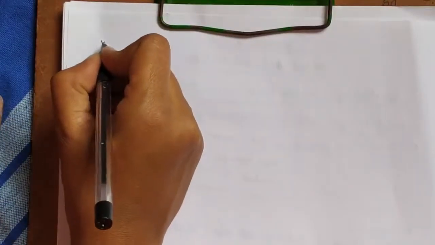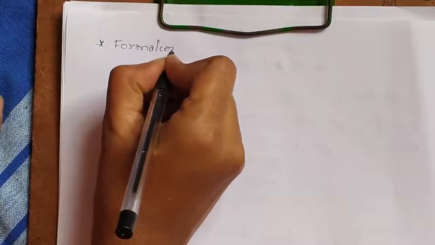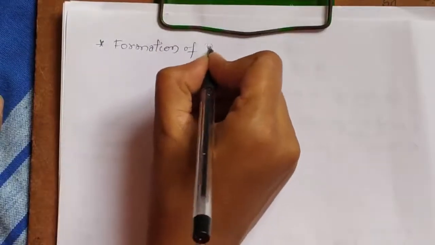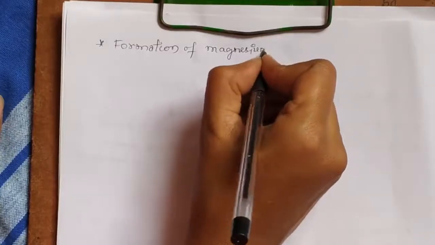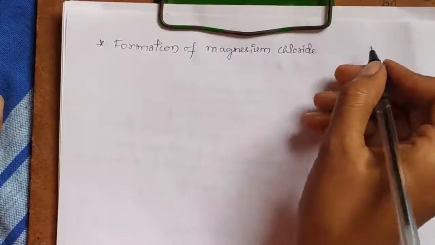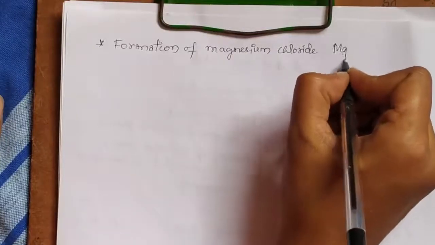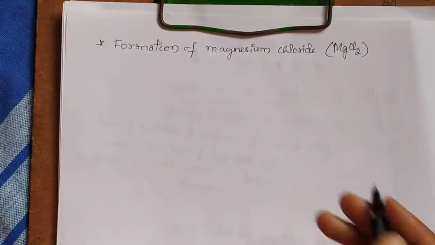Formation of magnesium chloride. Its chemical formula is MgCl2. Okay. Children, now see here.